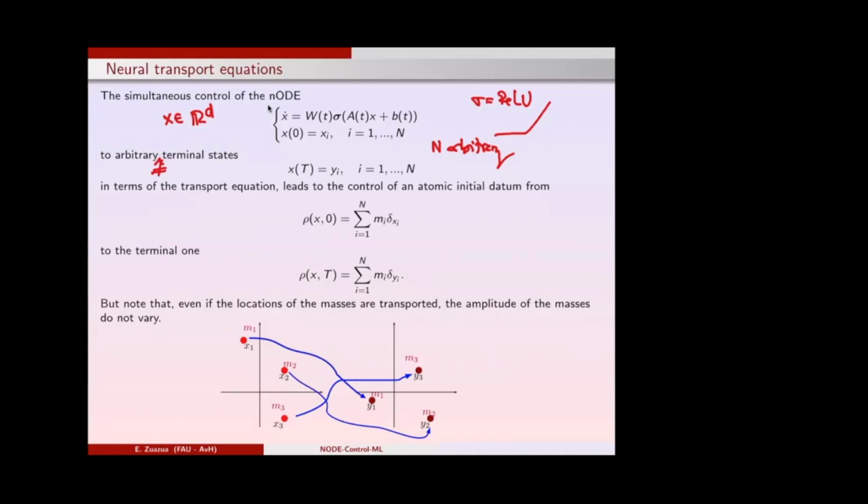Because what is the typical expectation you have? Is that if for a control system you ask to get to a configuration which is impossible, then you will say, no, you cannot get there. The system is not controllable to that final configuration.